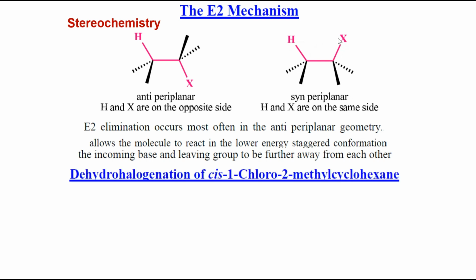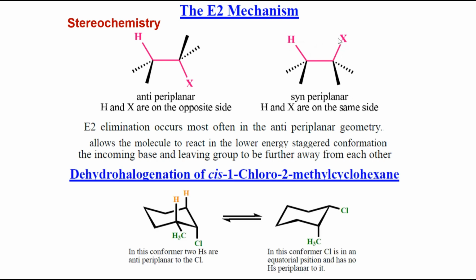If I take the example of dehydrohalogenation of cis-1-chloro-2-methylcyclohexane, it can exist in two conformations. One is the staggered conformation in which the leaving group and the proton on the beta carbon have anti-periplanar geometry.